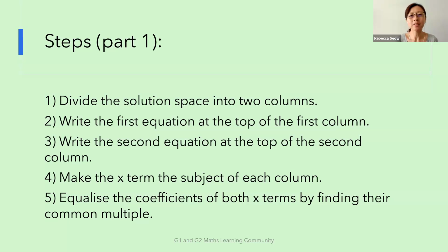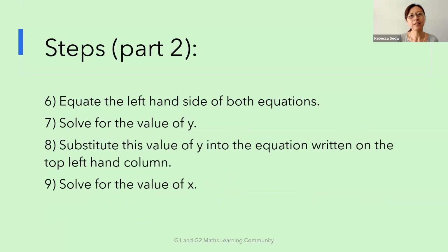Make the x term the subject of each column. 5. We equalize the coefficients of both x terms by finding their common multiple. 6. Following that, equate the left-hand side of both equations.